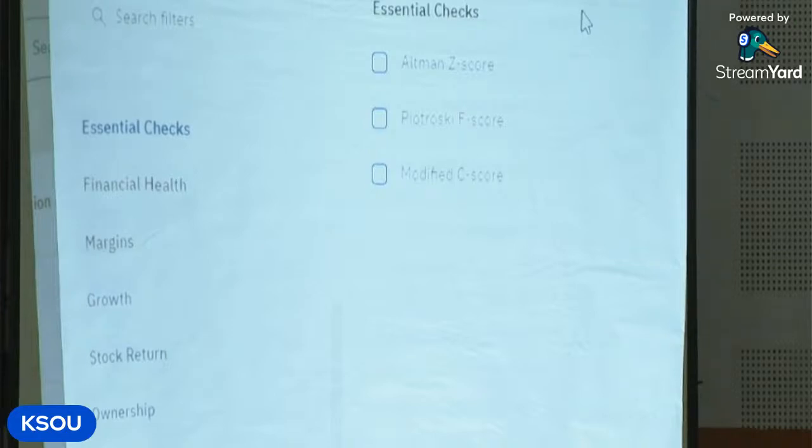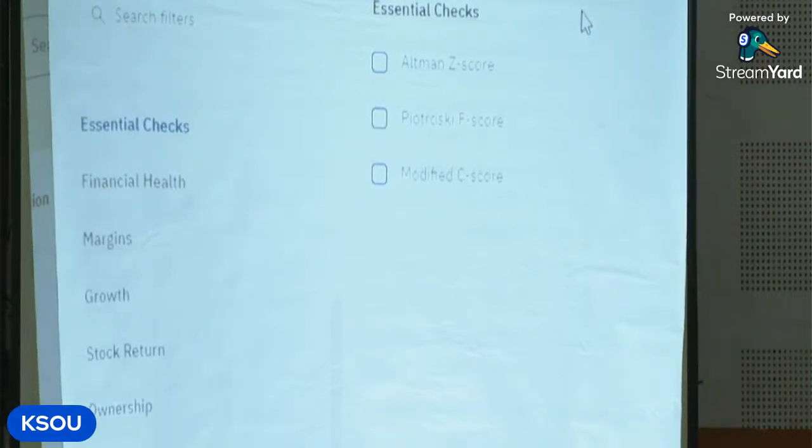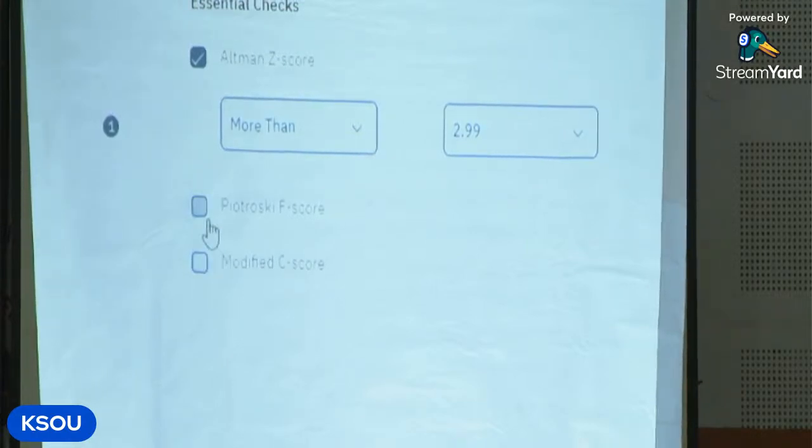Altman Z score, Piotroski F score, modified C score. Some of the standard parameters to decide which investments are good. Now, we should be discussing this. We'll discuss it today. Simple, very simple. Each of these takes 10-15 minutes.